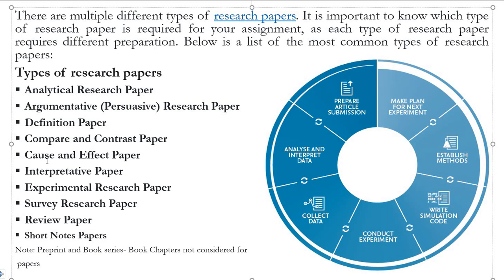Then you must identify the established methods. When you have identified the different types of methods, then immediately write simulation code. Why? Because you must prove your idea is unique.